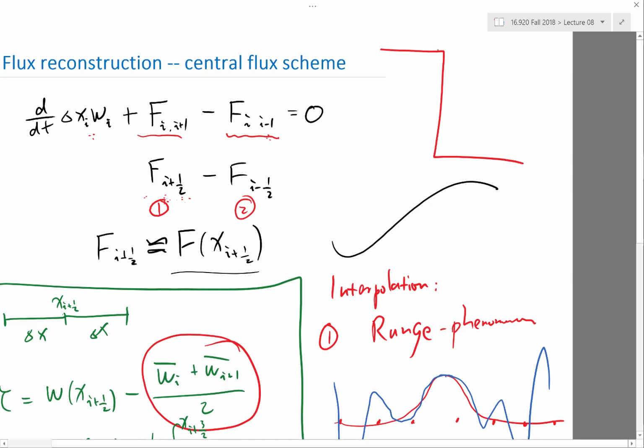So let's imagine I have one volume over here, another volume over here. I have a cell average over here, and a cell average over here, right? Interpolation is going to give me a value that is kind of over here, and for Burgers, a value over here means I have very little flux.